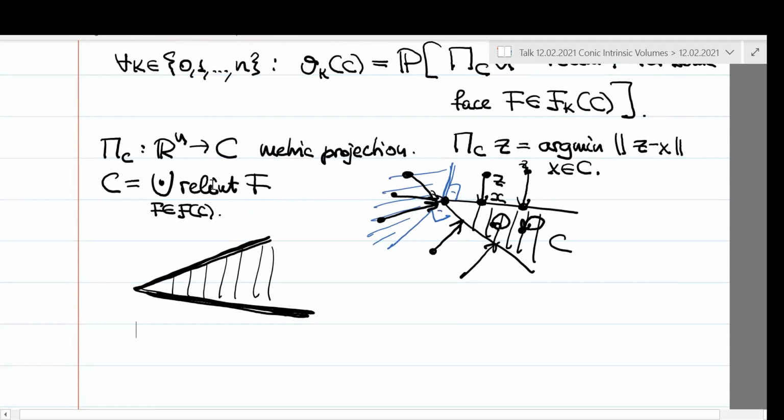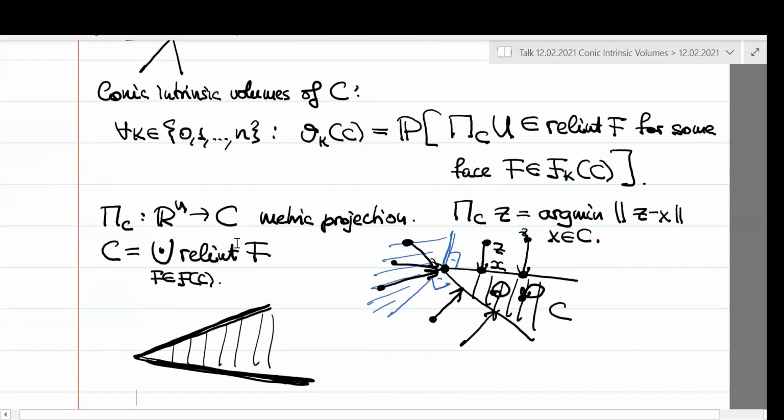Now, since C is a disjoint union of such relative interiors, the metric projection will be contained in the relative interior of a uniquely defined face. For example, if Z is this point, then it is contained in the relative interior of this half line. This face has some dimension, and if this dimension is k, then we say that this contributes to the kth intrinsic volume.